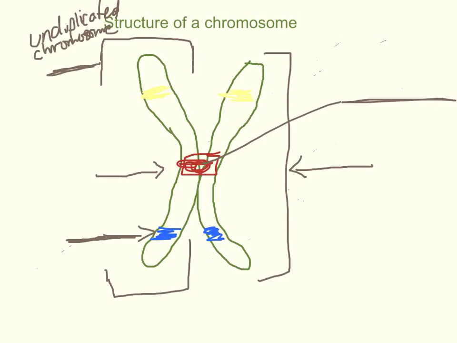I hope I'm being clear there. So in G1, it's an unduplicated chromosome, that half. But then once it's together, they're sister chromatids. And then the entire thing is, of course, a chromosome. This middle red piece that holds them together is the centromere.